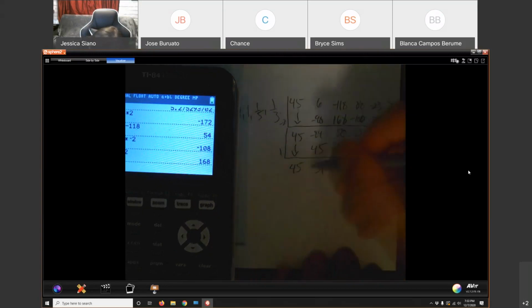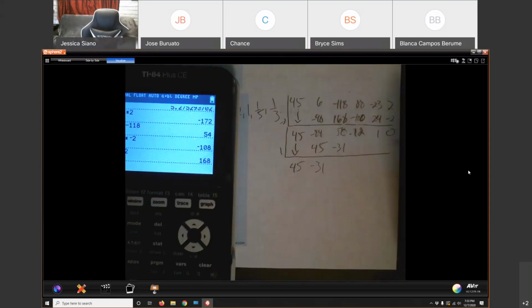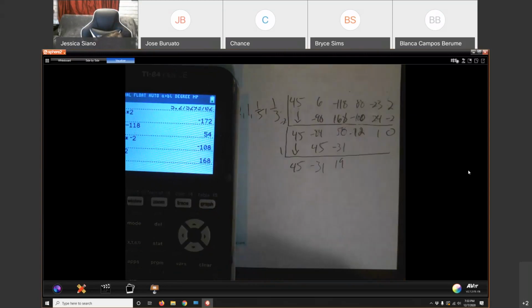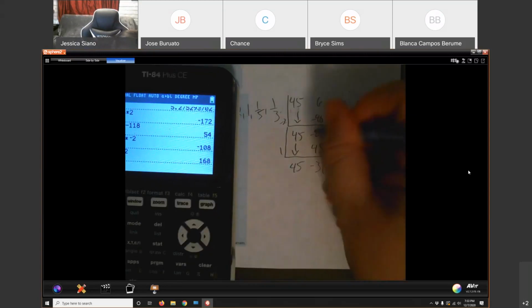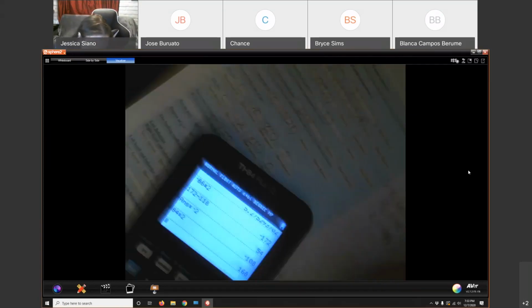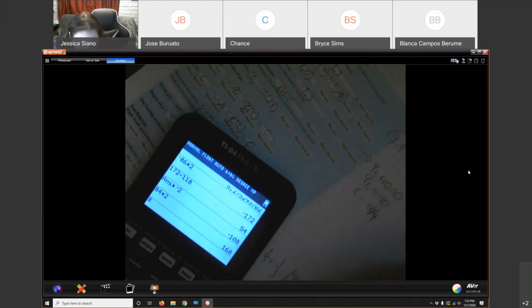This is a negative 31. Sorry, I'm just making sure that I'm all clear here with my negatives and positives. Right, 84. Jeez. Okay. Let me make this less messy so that I can actually read it.